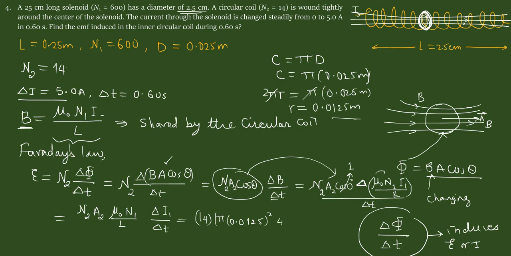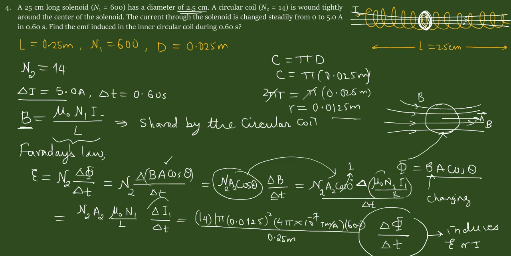And mu naught is 4 pi times 10 to the negative 7 Tesla meter per ampere. And then N1, the number of turns in the primary coil or the solenoid, is 600. That over L, the length, which is 0.25 meters.